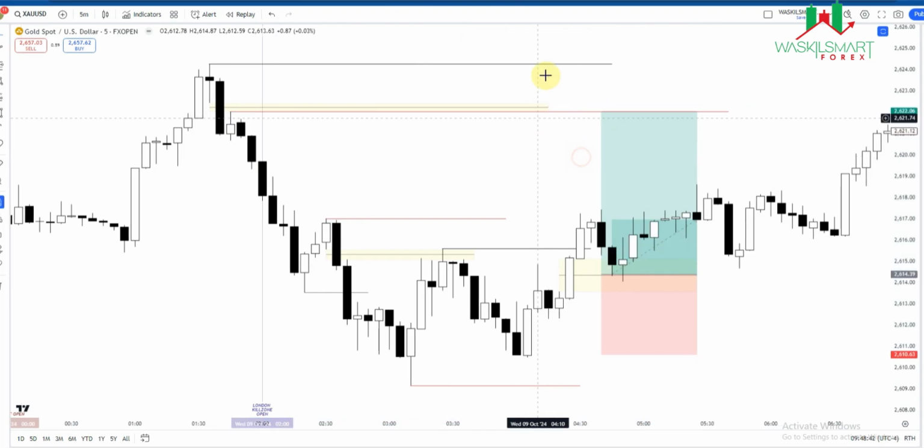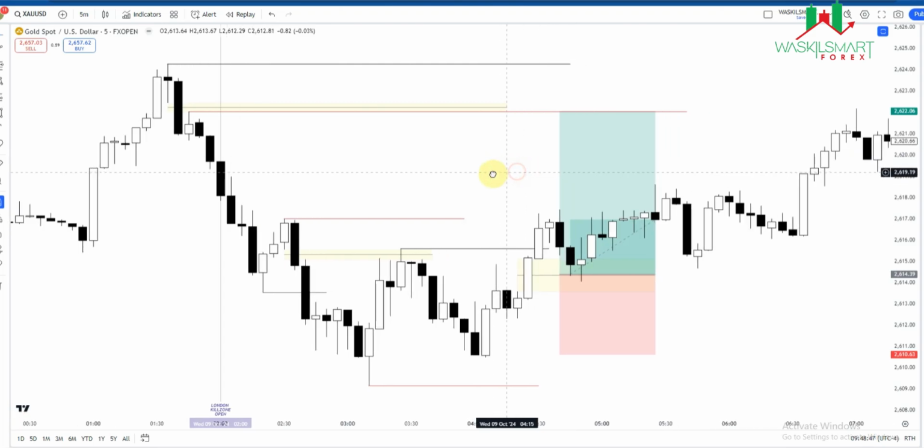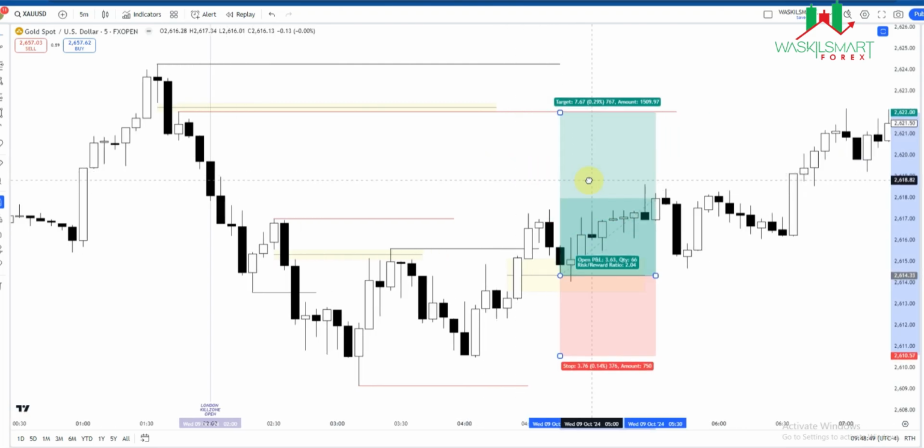Don't put your focus here. This is an intraday chart, and you do not have any knowledge about what happens on the higher time frame. So you have to target an internal range to an internal range. You are taking your entry from an internal to an internal. If it is a higher time frame, you will take your entry from an internal to an external.